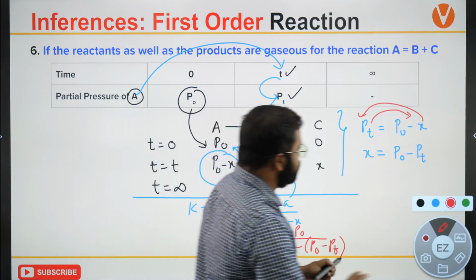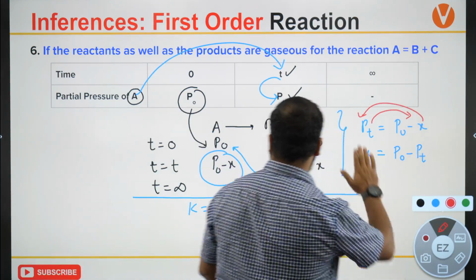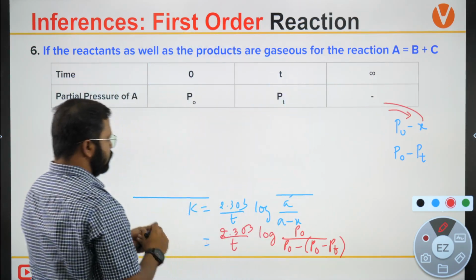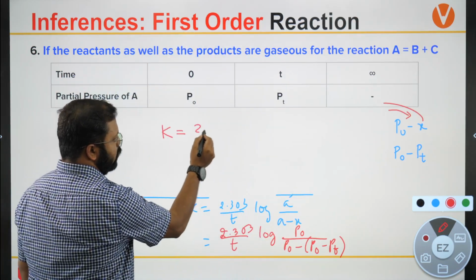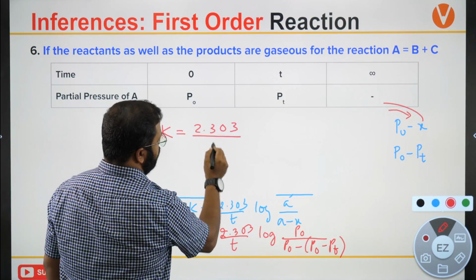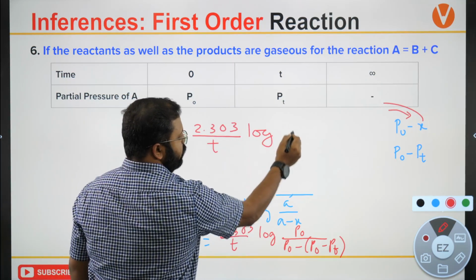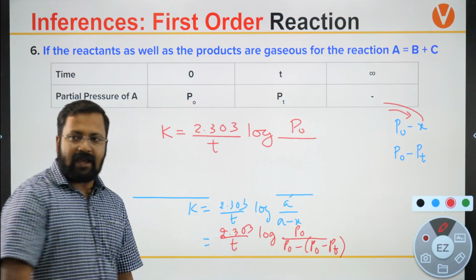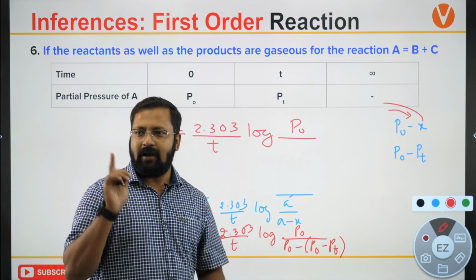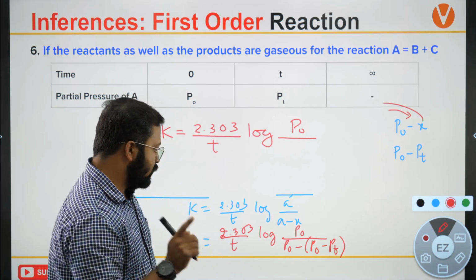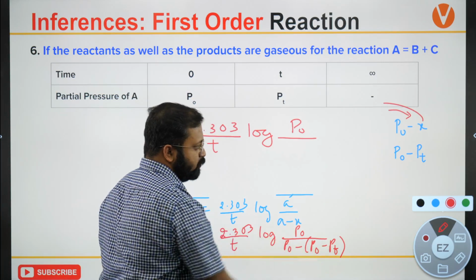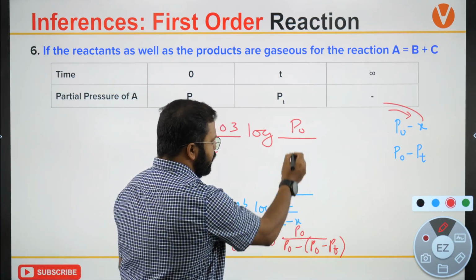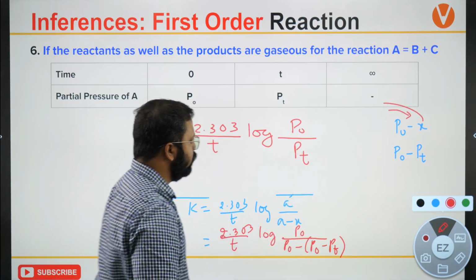So what will be the final expression? K will be equal to 2.303 upon T log of P naught by P naught minus P naught minus PT. P naught, Preetham, please do check your calculation. So P naught and P naught will get cancelled out and I will get PT over here.